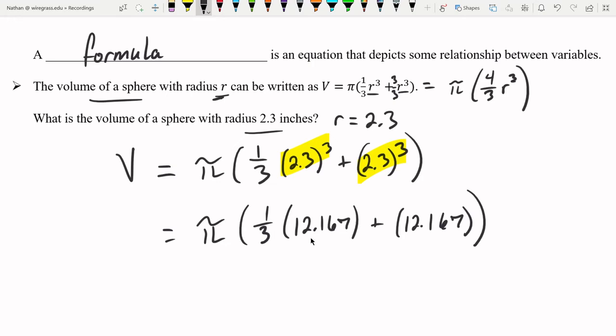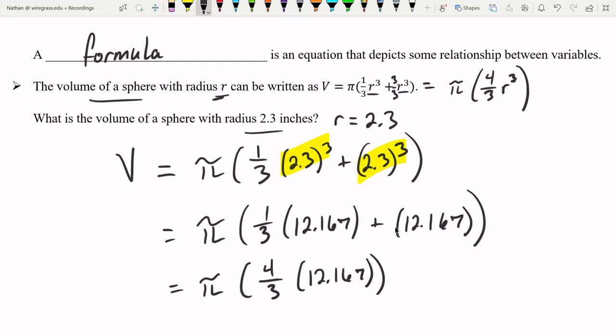One-third of that is going to be a bit of a long number, so I'm actually not going to do that. I'm actually going to write this as 4/3 times 12.167. And I'll show you why at the end.